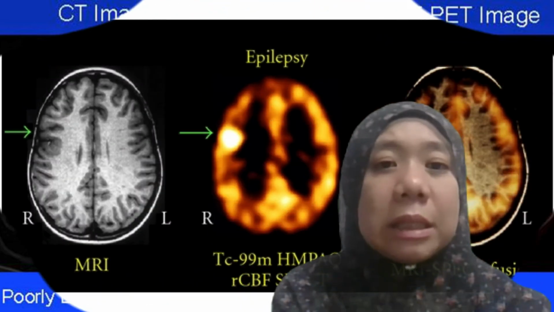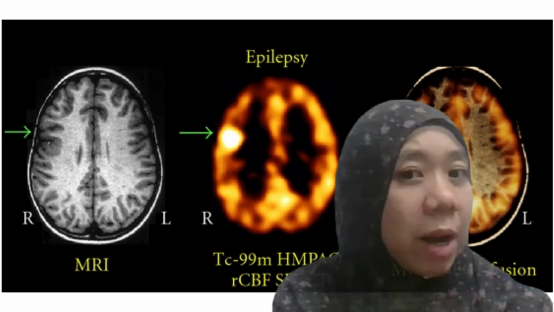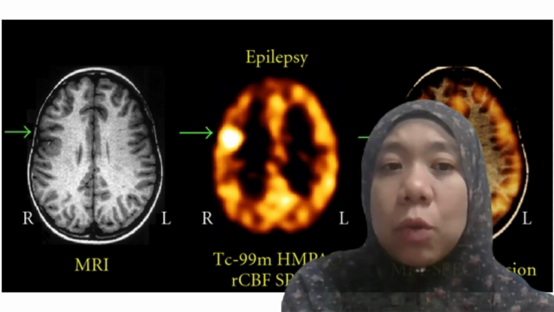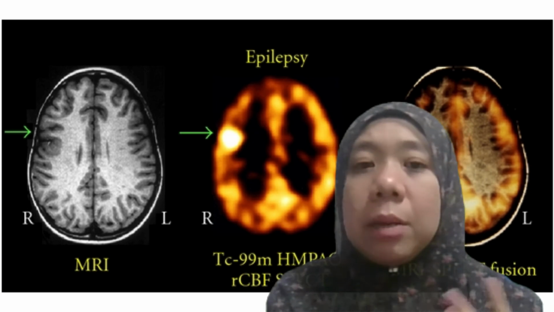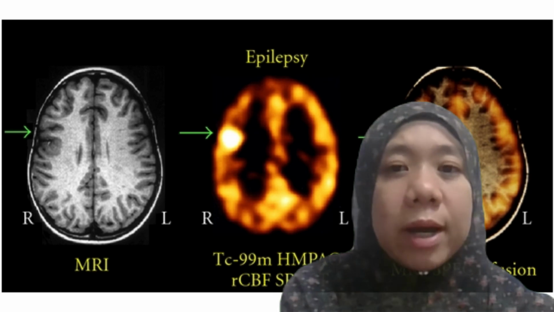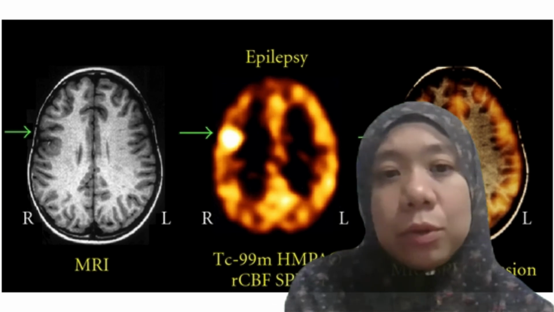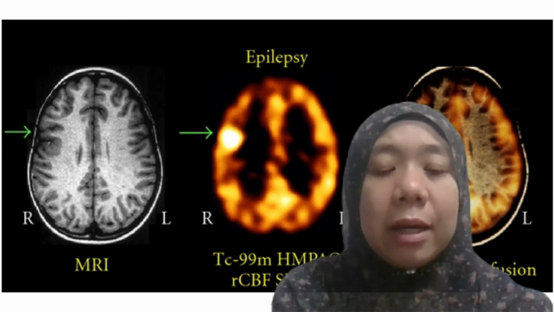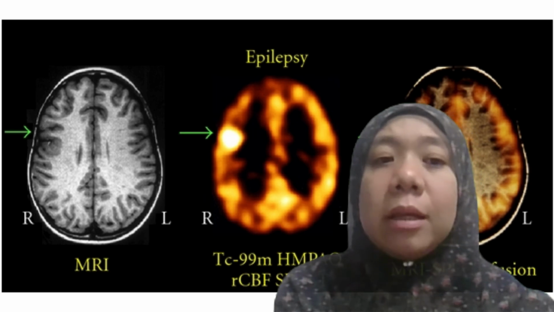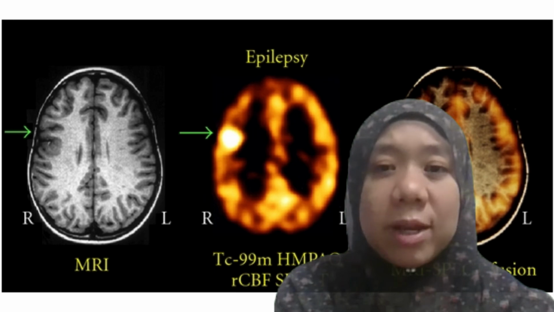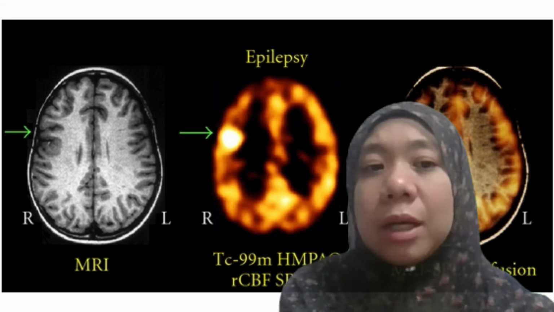In other words, it also measures the physiological activities, including the blood flow, regional chemical composition, and absorption. Depending on the radiotracers that we're using, FDG is commonly used to detect cancers and is also widely used for detecting bone formation. And we also have another radiotracer, oxygen-15, which is used to measure blood flow.